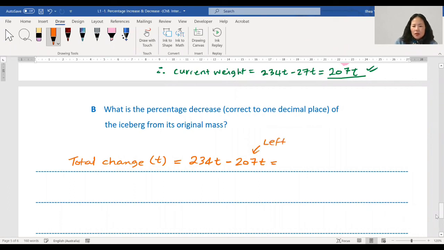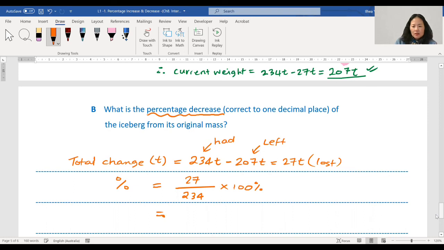So, and this is how much we had at the beginning. Now we got 27 tons lost. Okay, so I want it to be percentage, change into percentage, 27 over original 234 times 100% because we want it to be in a percentage decrease.